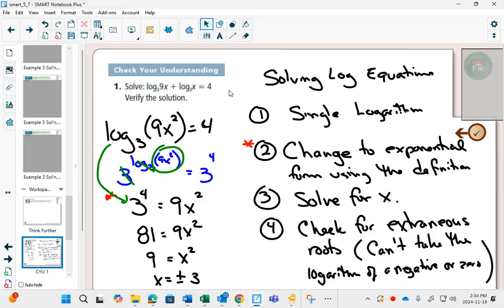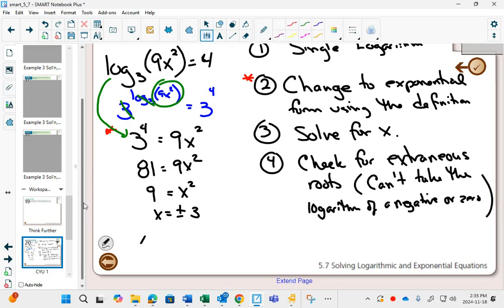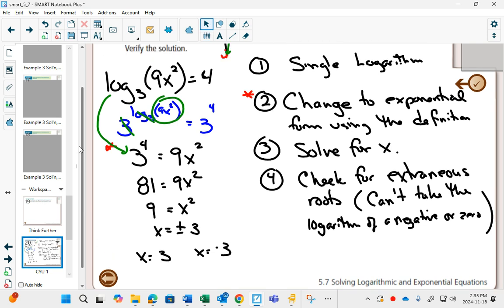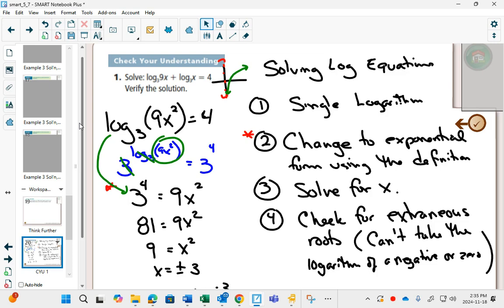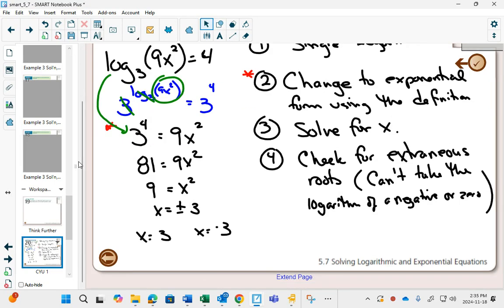You think about your log graph, right? Your basic log graph of any base looks like this. It has an asymptote here. Its domain is just when x is bigger than 0. So we got 2 answers. One was x equals 3, and one was x equals negative 3. If I check them by plugging them into my original equation, if I plug in 3, I have 27 there and 3 there, that's fine, because I'm plugging positive numbers into my logarithm. But if I plug in negative 3, this one is extraneous.